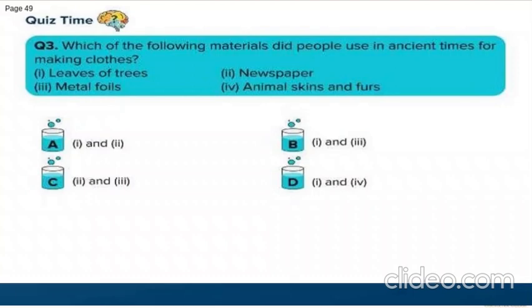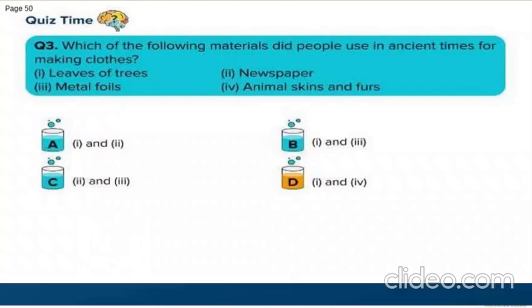So here you see, obviously, the random leaves of trees they will use, correct. Then newspaper. Newspaper came just in this century. How will newspaper come in ancient times? So no. Metal foils. Who will make the metal foils? No one knew that at that time either. So no. And animal skins and furs, they hunt the animals and use them. So D is the right answer.